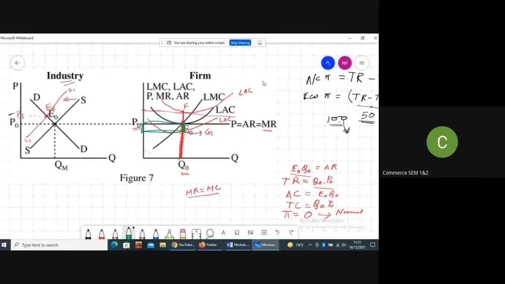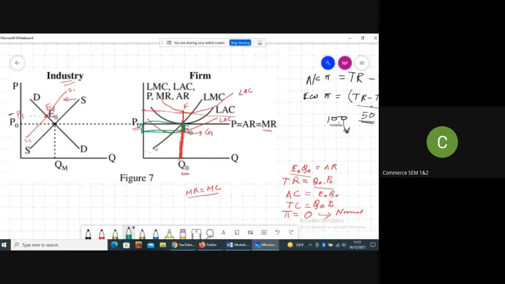Now, the other firms which are still not a part of this industry are seeing that all the firms in this industry are making supernormal profit. So these other firms will try to enter into this industry. Now, when these new firms enter into this industry, what will happen to the market supply?